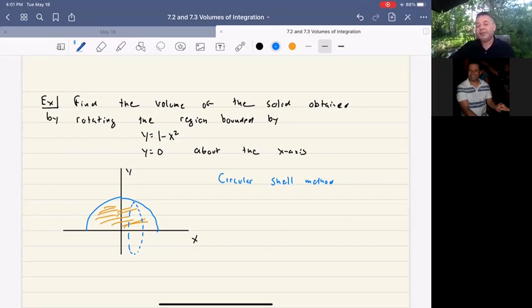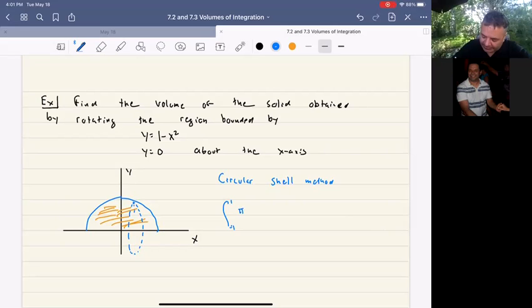Okay, so now in this case, the x-axis is this way, right? So our integral should be an integral in x. All right, so we're going to take the integral from negative 1 to 1, pi, the radius.